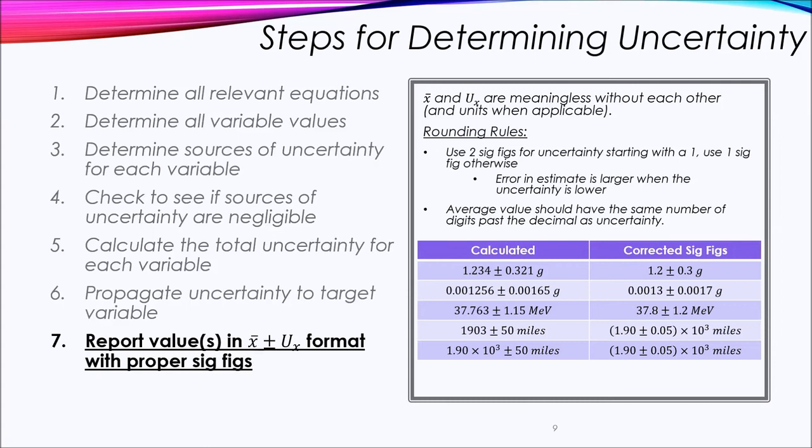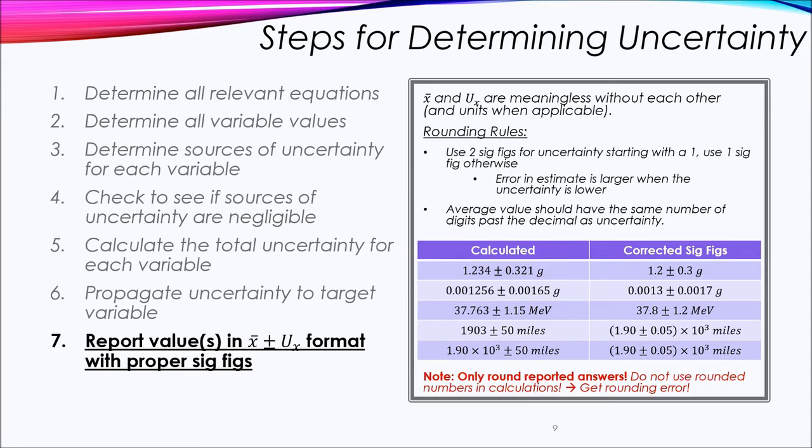But when you do scientific notation, pull out that 10 to the power as well as the units, and keep the rest of it within parentheses so that you can more quickly compare the value to its uncertainty. And make sure you do not combine scientific notation with a more general form of notation, like we see in this bottom example here with the miles.